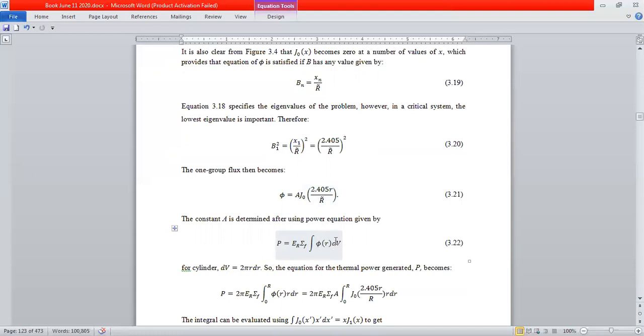If I multiply that by the volume, and integrate over the entire volume of the cylinder, and multiply this by ER, the recoverable energy from fission, I get what is called the power. And what kind of a power would this be, electrical or thermal?